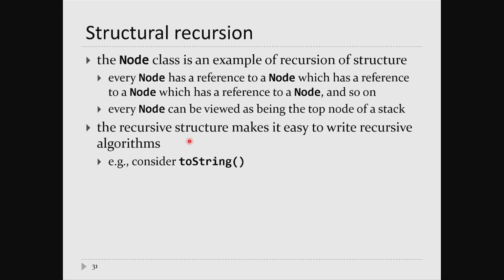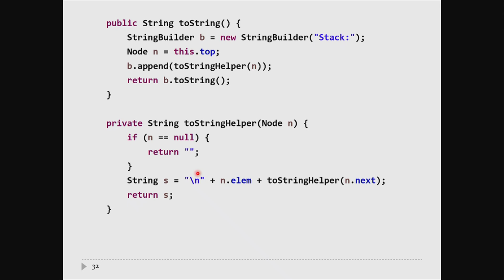So it's natural to write recursive algorithms when you have these node-based structures. So consider toString, for example. I implemented toString with a loop using iteration, but I can implement it using recursion. So there's my public toString method. It starts out the exact same way. So I start out with a string builder.